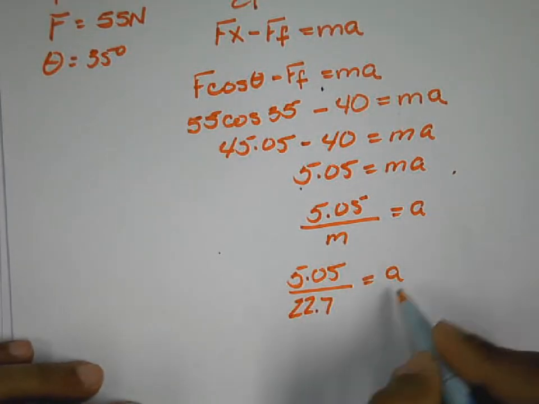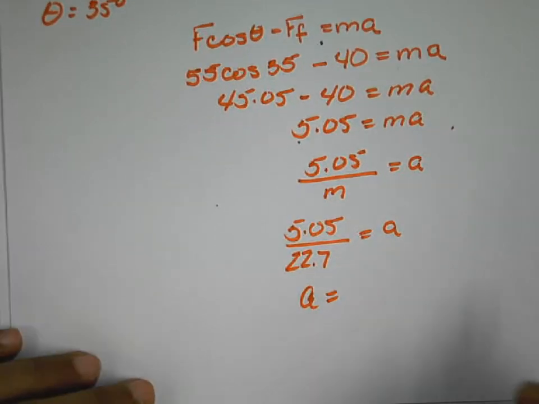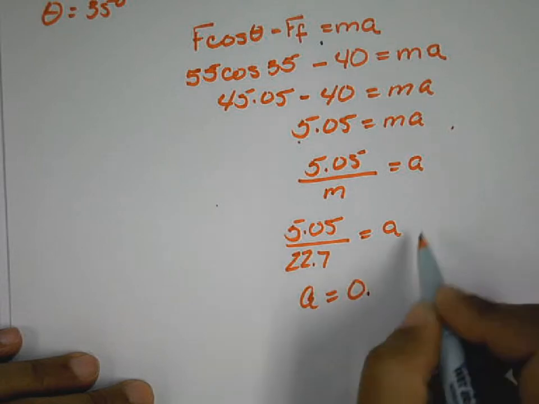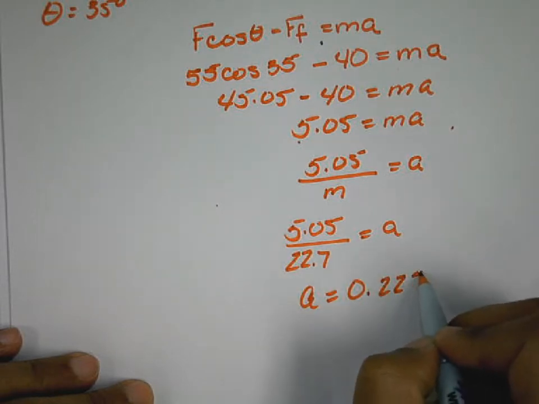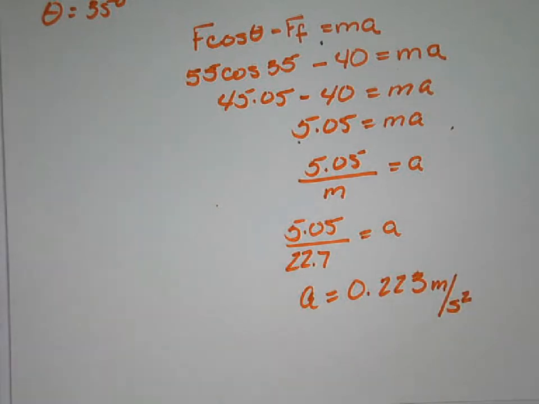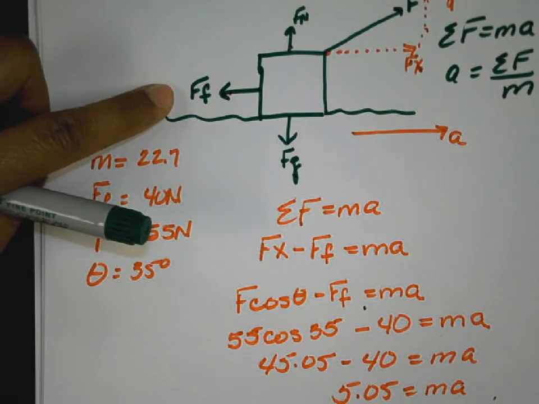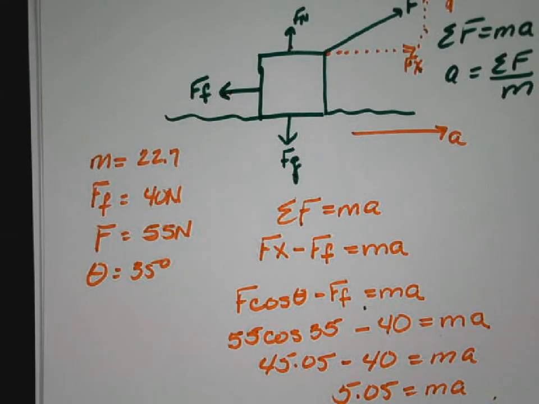And when you divide those two things out, you get a is equal to 0.223 meters per second squared. So that's an easy version because they give you F. You don't have to calculate it. They give you F. You don't have to use the mu times the normal force. So does it seem kind of straightforward to everybody?